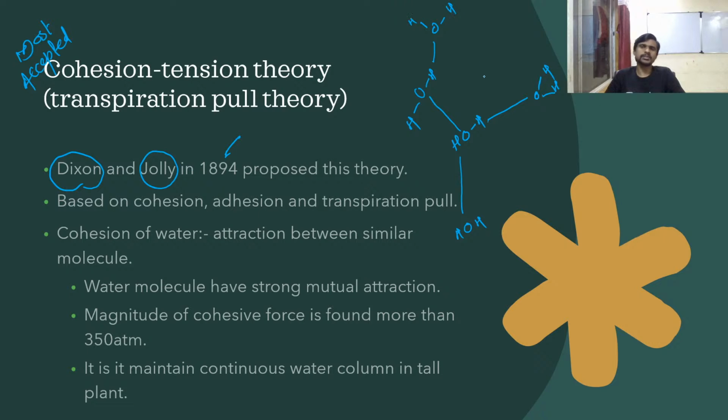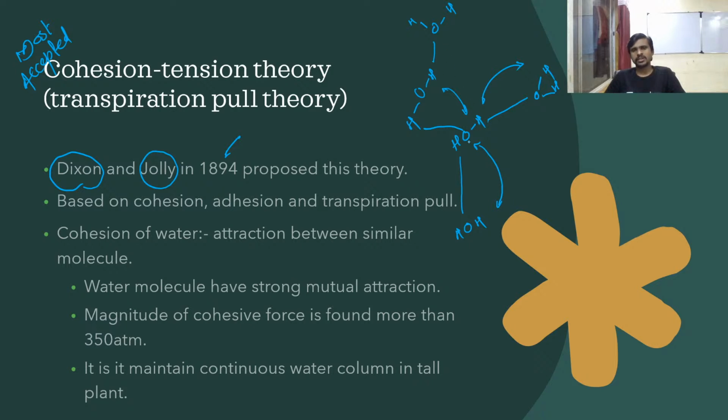So let's see, guys. In this diagram, you can see these water molecules are bound to each other by hydrogen bonds. They can attract themselves toward each other. Here, not oxygen, actually I want to connect this to the hydrogen; I mistakenly connected to the oxygen.